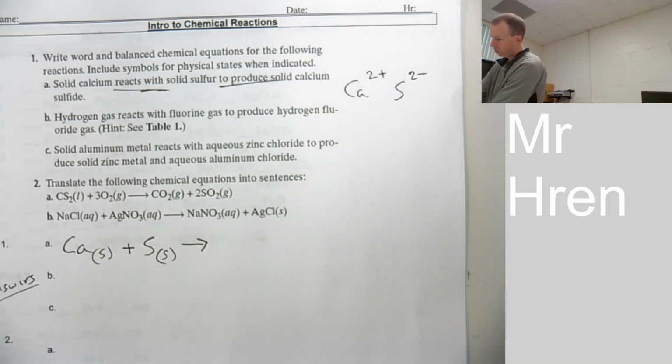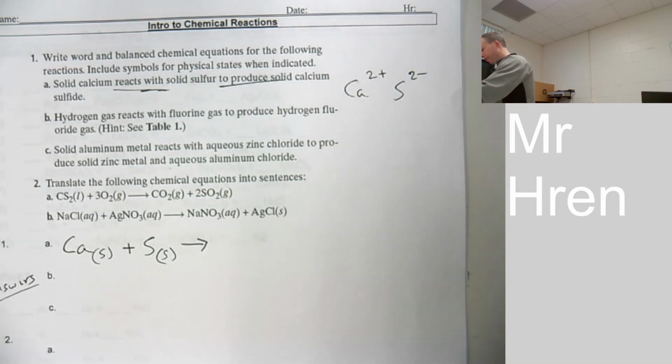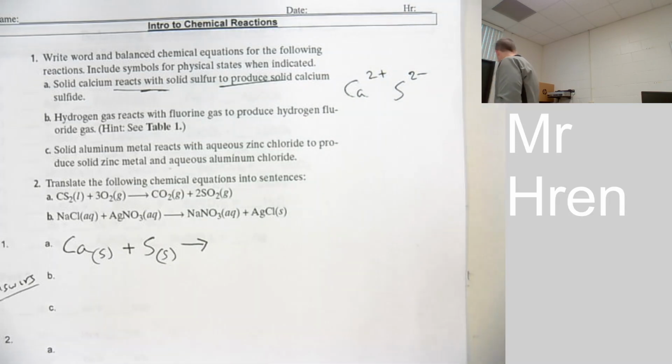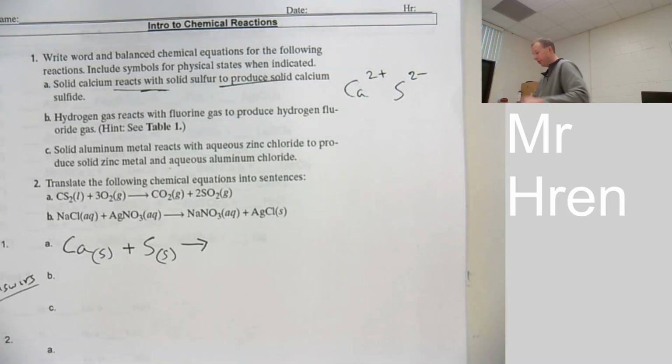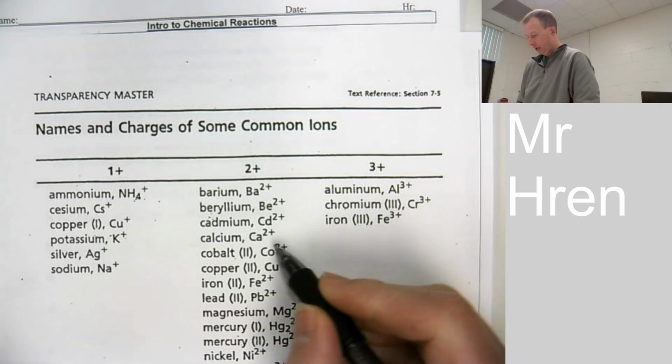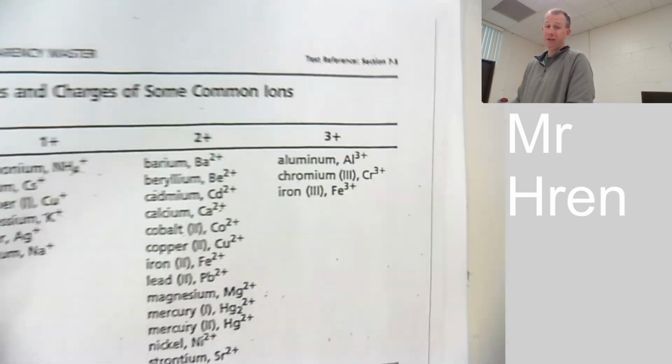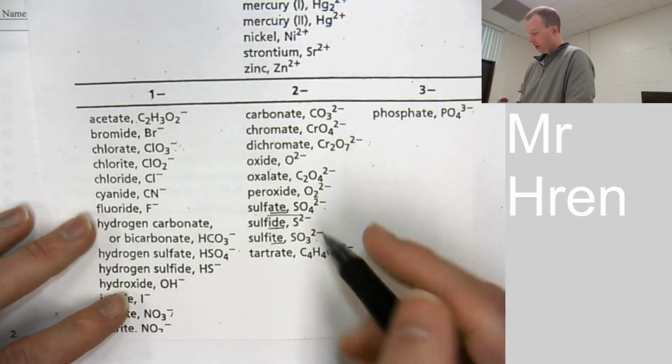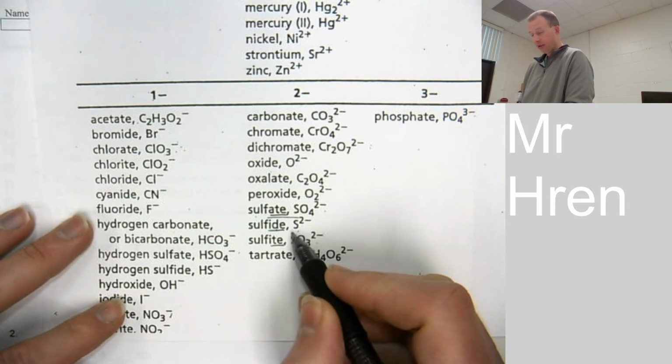For the sake of the video, I'm not going to use it. You can just look at a periodic table. Oh, there it is right there. If you don't remember where these are coming from, calcium is +2 in this ion chart, the thing I told you that never goes away. It's important. And then sulfide, sulfur, is -2 right there.